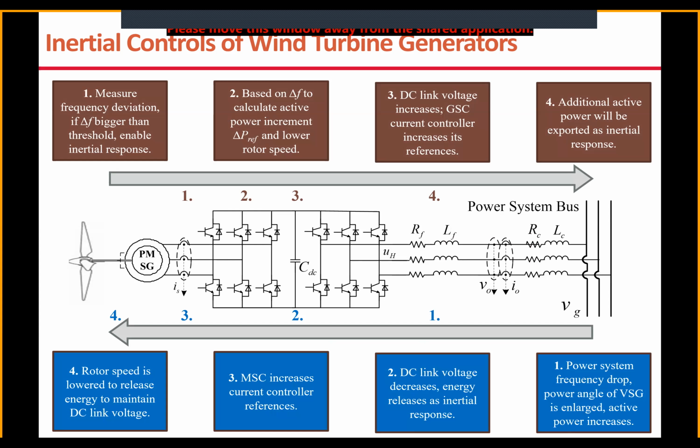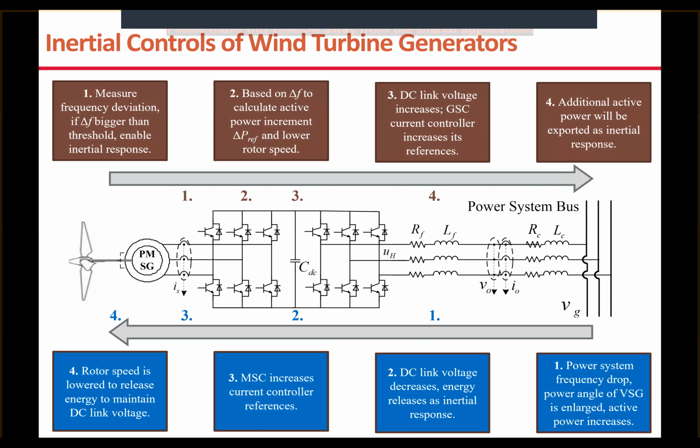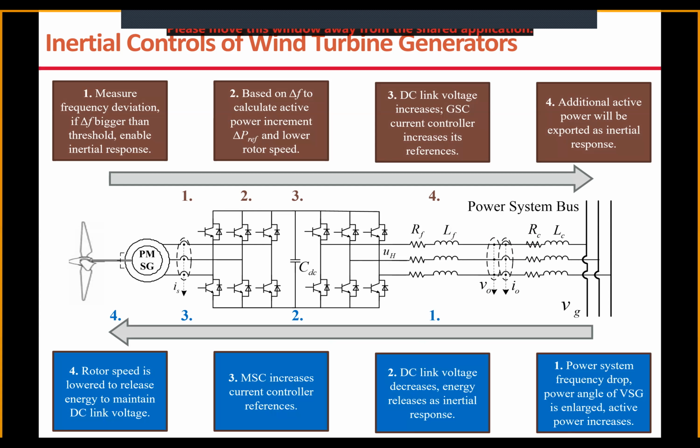Then we provide a power increment, delta P reference, and the DC link voltage will increase so that the grid side converter current controller will increase the reference, and then we provide additional active power as the inertial response.